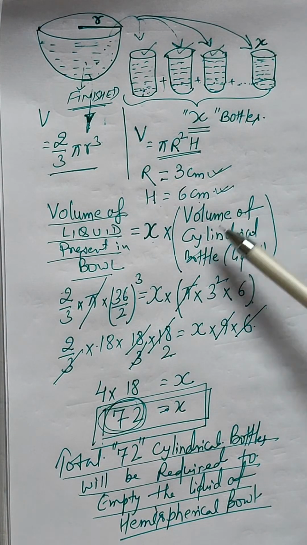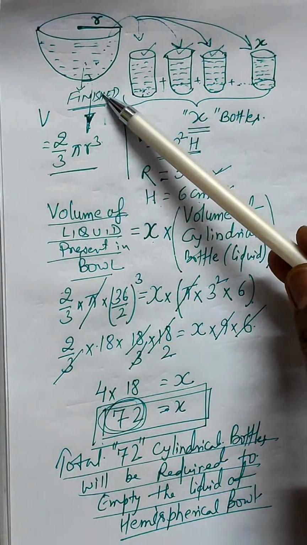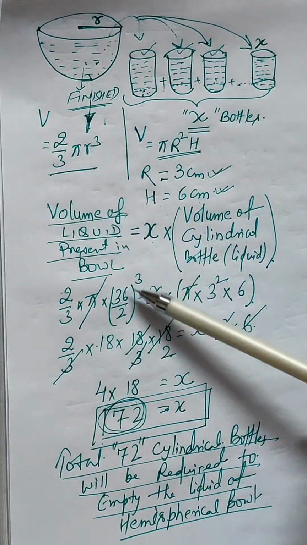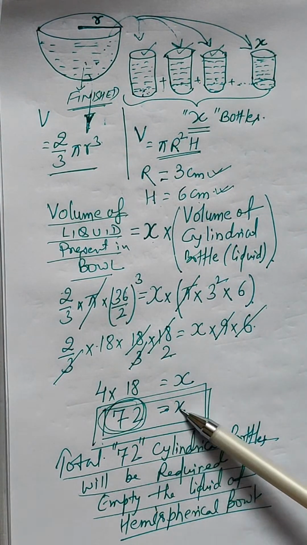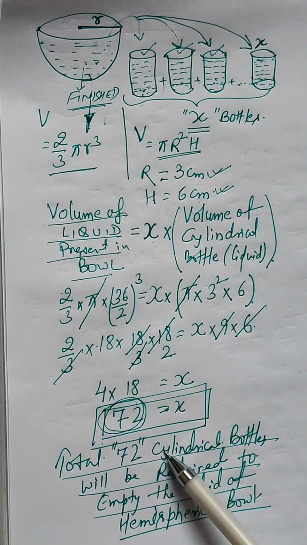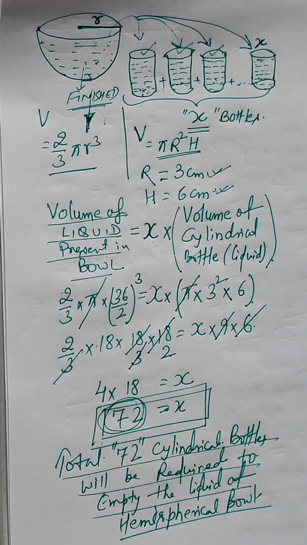We know the volume of a cylinder is pi r square h, and the volume of a hemispherical bowl is 2 by 3 pi r cube. We just use that formula to calculate the value of x, and we get the value of x as 72. So we can say a total of 72 cylindrical bottles will be required to empty the liquid of the hemispherical ball. So students, I hope you like the solution.